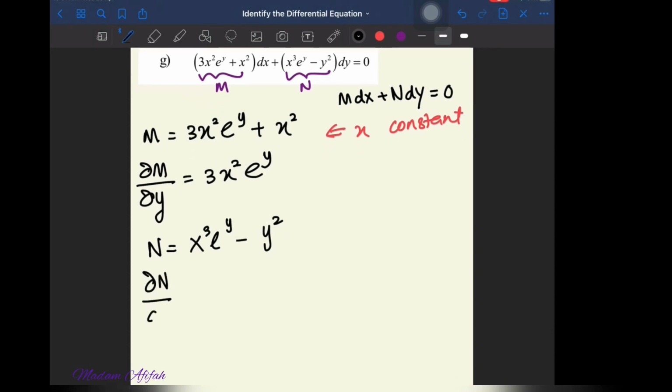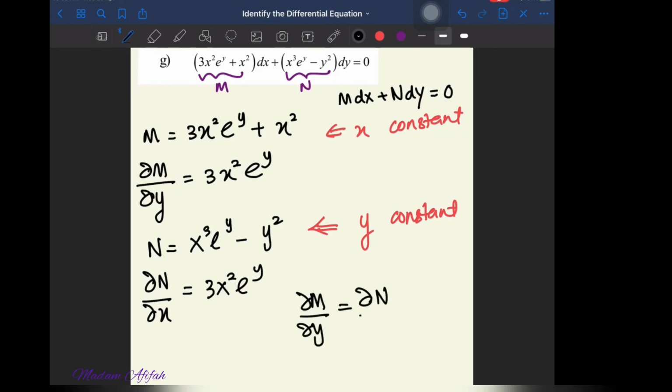So your del N over del x is equals to, so in this case y is a constant, so differentiate this one will give you 3x squared e^y. Since here y squared is a constant, so you will get 0. Okay, so as you can see, del M over del y is equals to del N over del x. So therefore this is an exact equation.